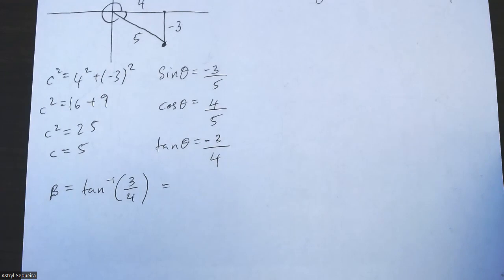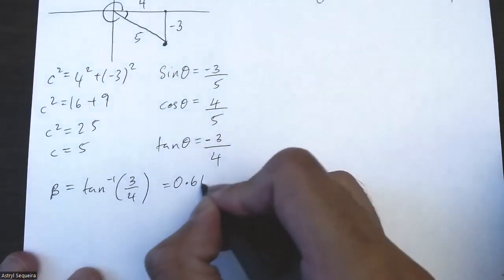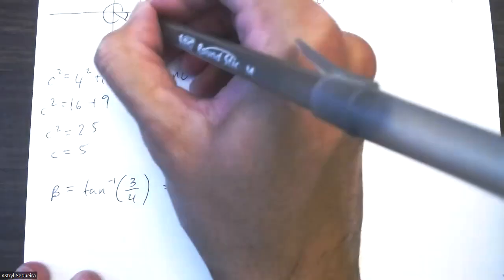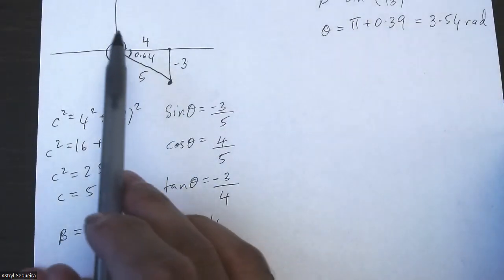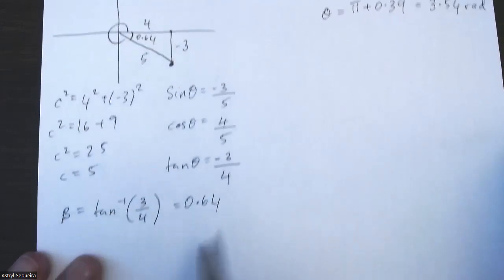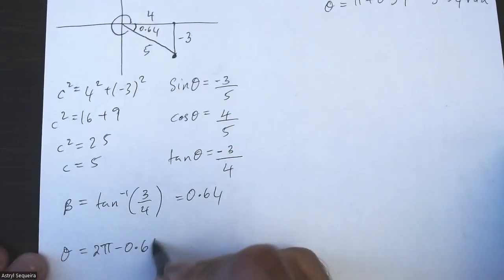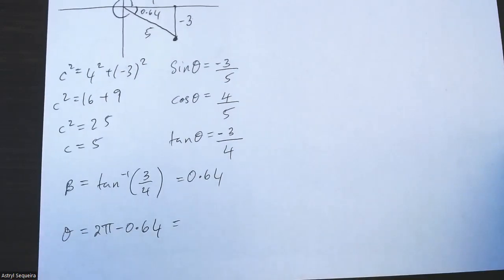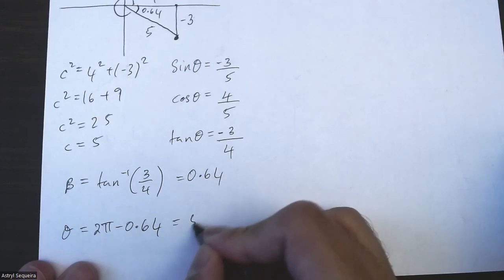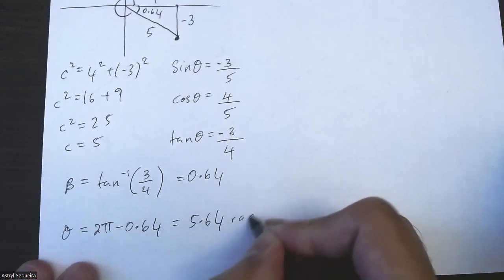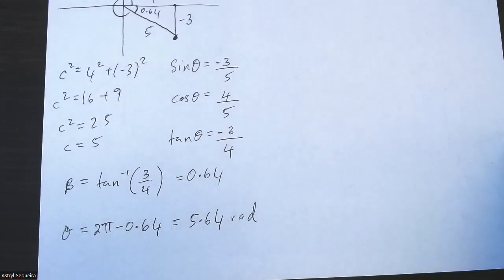Put that on my calculator, I will get 0.64 radians. I know this is 0.64 right there. And then I know a full circle is 2 pi, so I'm going to do theta equals 2 pi minus 0.64 to find my principal angle. And I get 5.64 radians if I round to 2 decimal places.